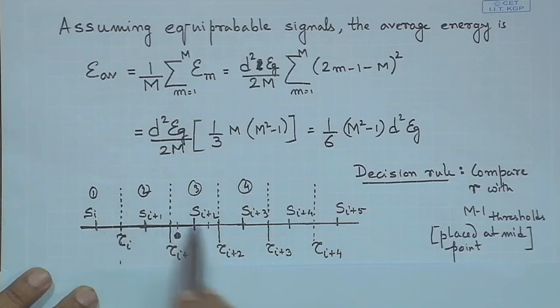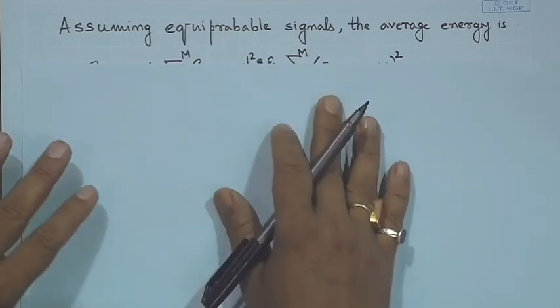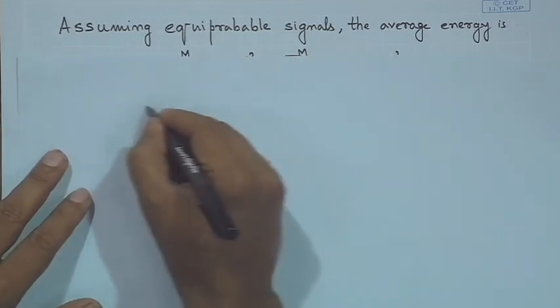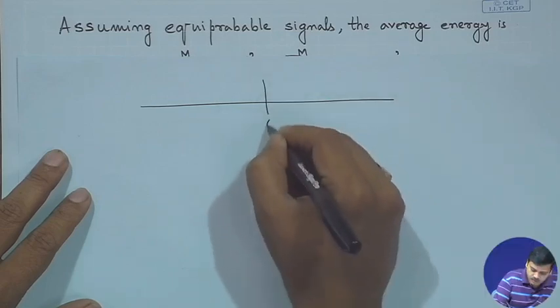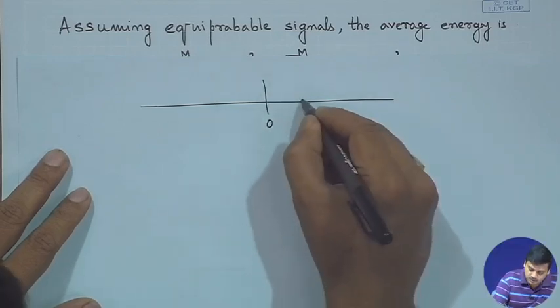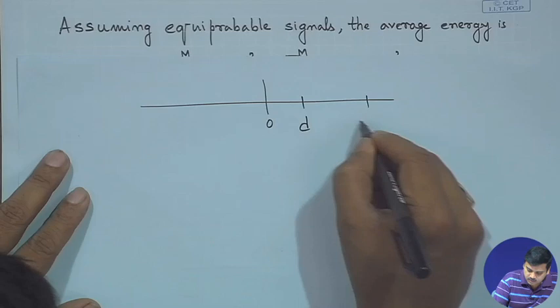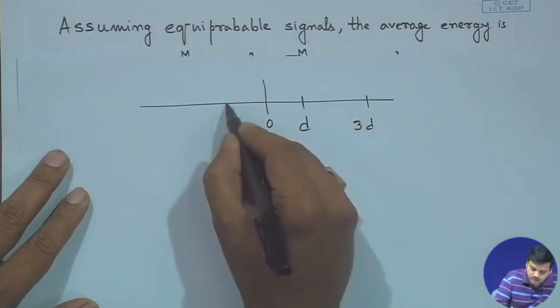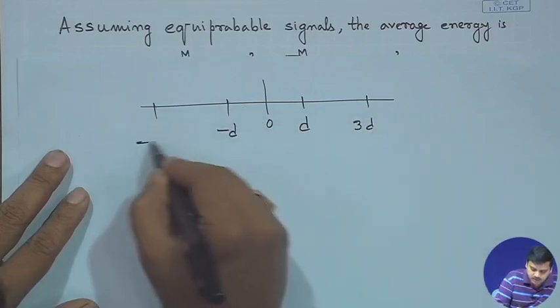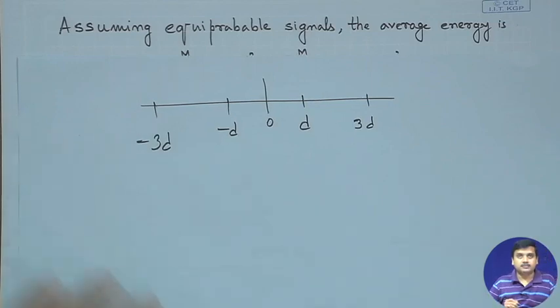So, if there are 4 constellation points and I have received some vector, I will compare it with these thresholds. Just to explain that briefly, suppose this is 0, this is d, this is 3d, this is minus d, this is minus 3d.